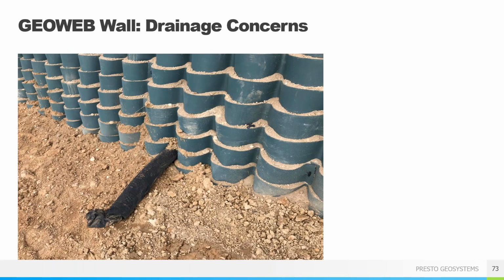You're going to daylight all your drainage pipes through the front face of that wall. The spacing, whether it's 20 feet, 30 feet, 50 feet, is pretty much based on your site conditions and how much you want to make sure that you don't have a lot of water getting into that drainage system.